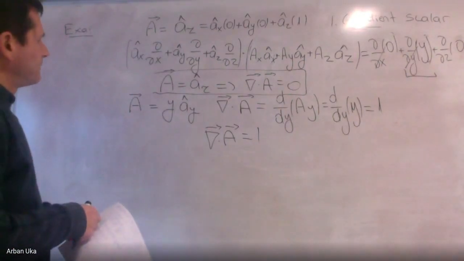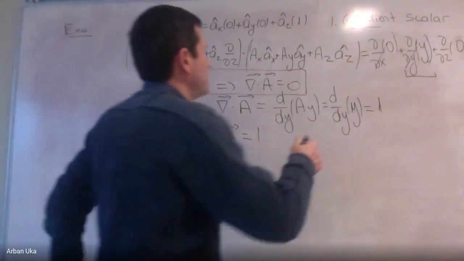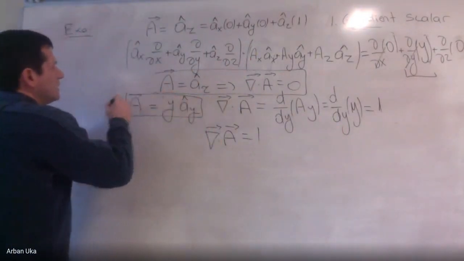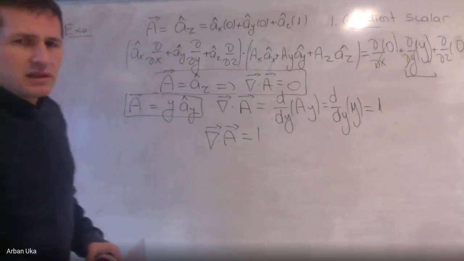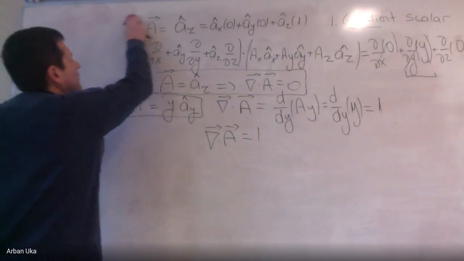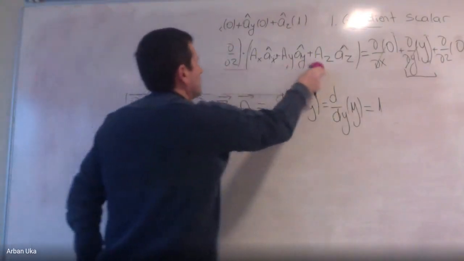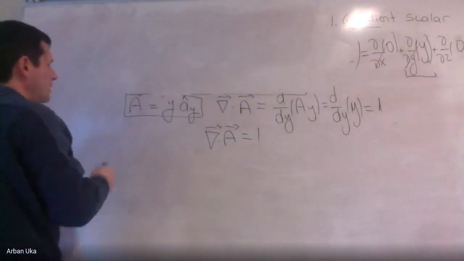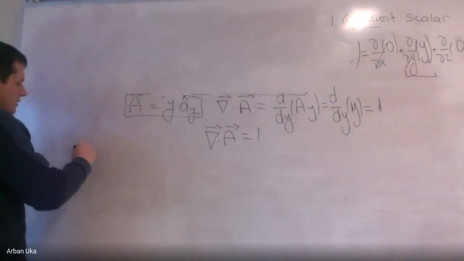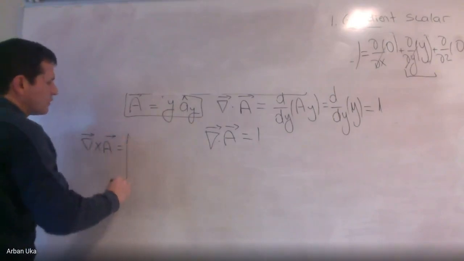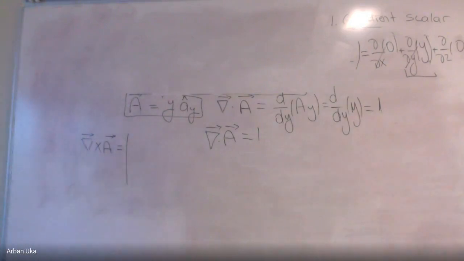So if this is a vector A, let's try to find the curl of this vector A. The curl of vector A, we are going to define the same way that we have defined the cross product.